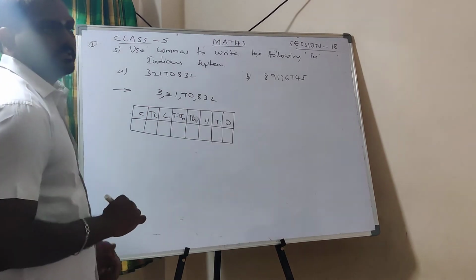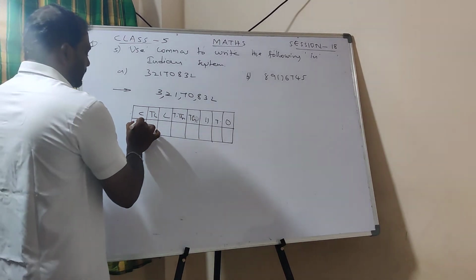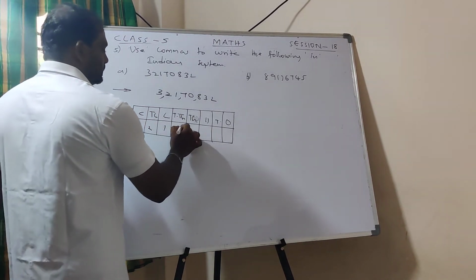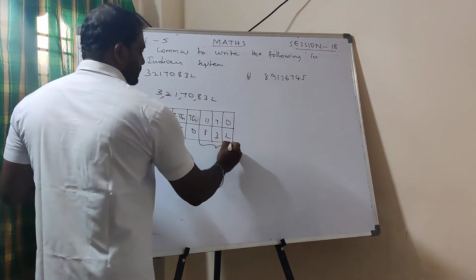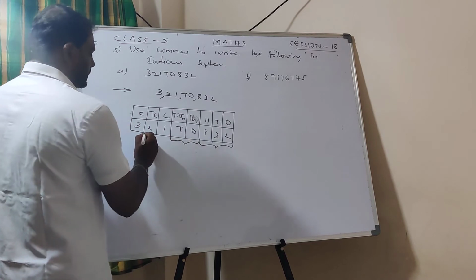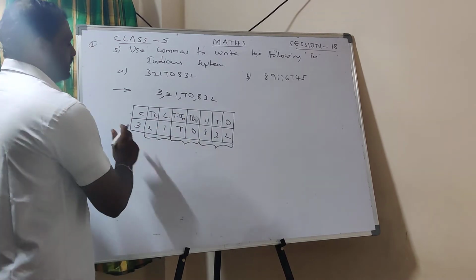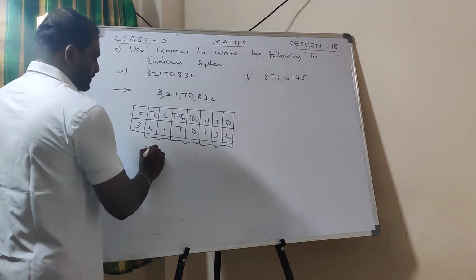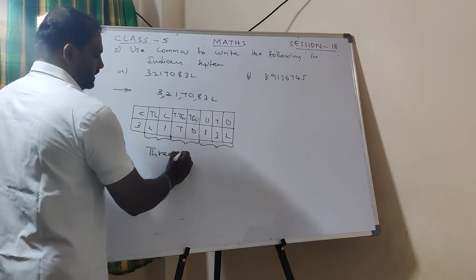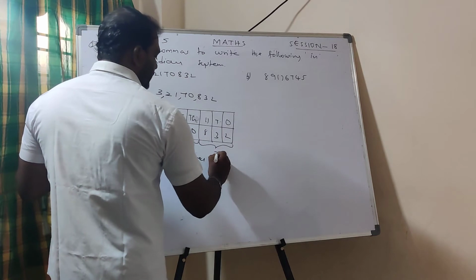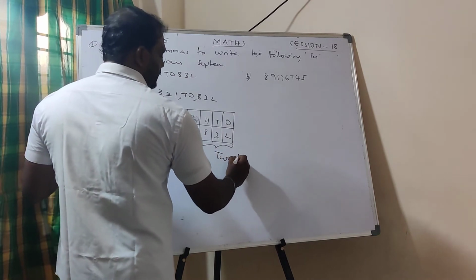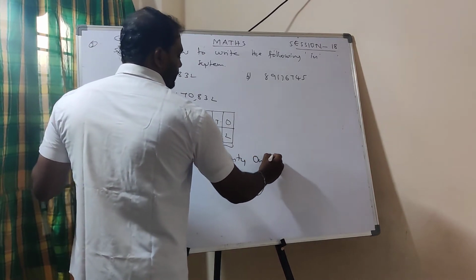This is Indian system. So now write the values. 321,70832. Now make it into 2 parts. How many crores are there? 3 crores, 21 lakhs.